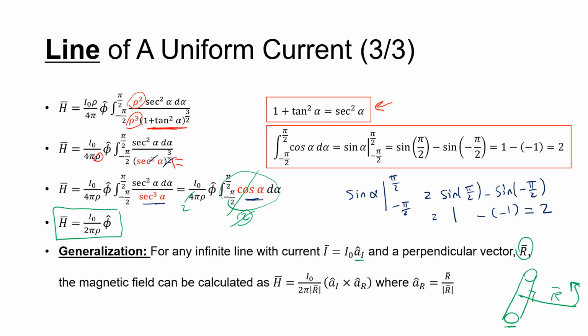So how to bring the rotation? You just take the cross product of the two vectors. And why we used a unit vector here, because phi was also a unit vector. a_R is R divided by its magnitude. This result is very important because we will use it in the next problem. Thank you.